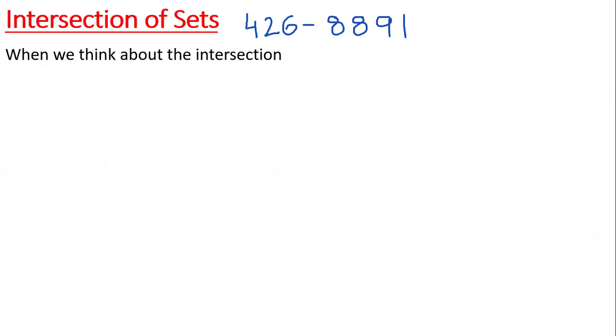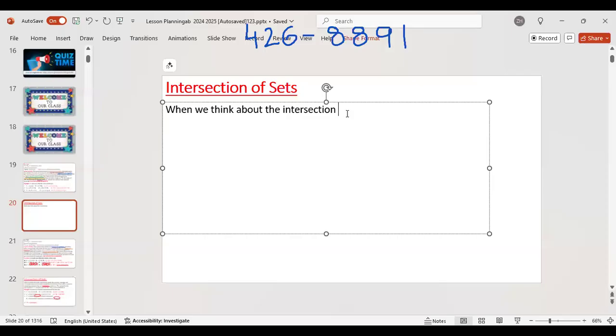All right. So let's go ahead and write this. So when we think about intersection, give me words like overlap, converge. Not combine.